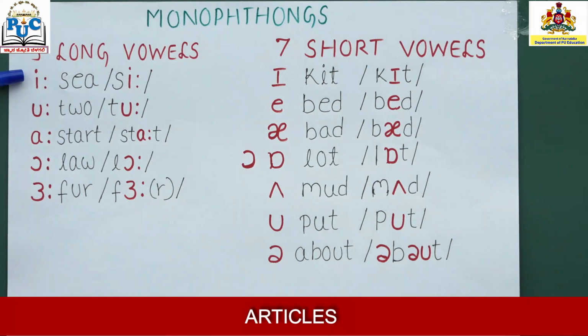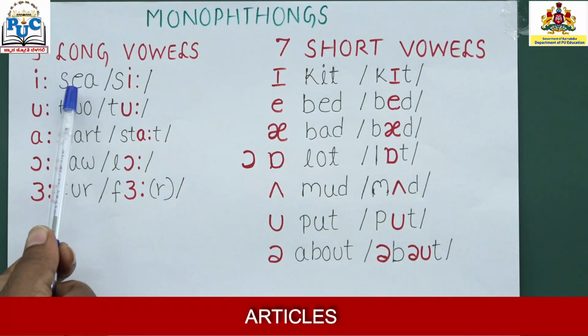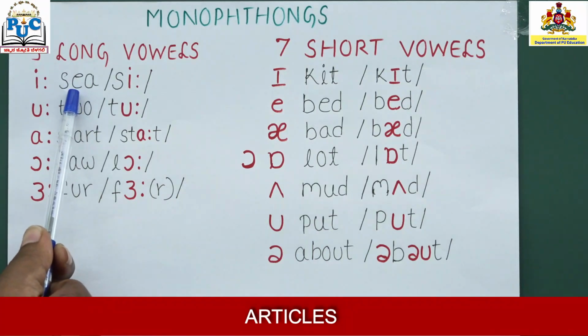You have i and you have 2 dots. I with 2 dots means see, as in sea.